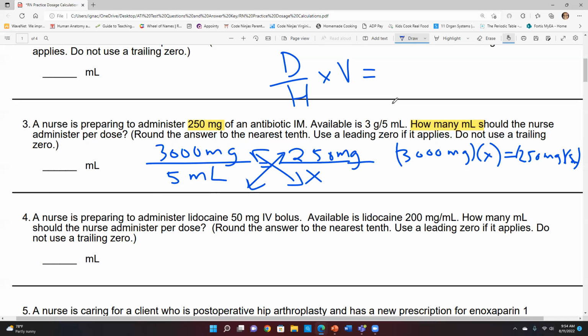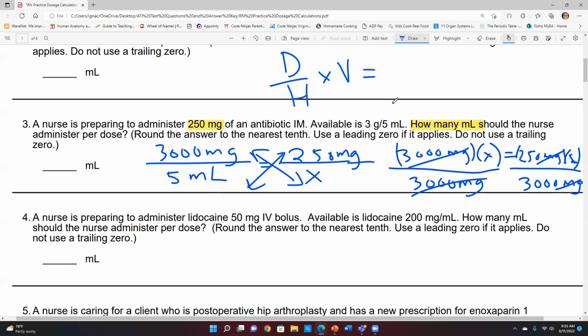Sorry, that's a little cut off. We're going to divide both sides by 3,000 milligrams because we need X to be by itself. We need to isolate X because that's what we're solving for. And what we do on one side, we do on the other, and our milligrams will cancel.